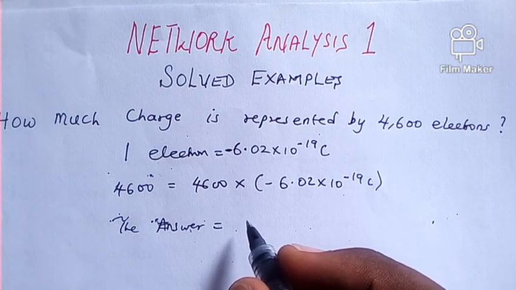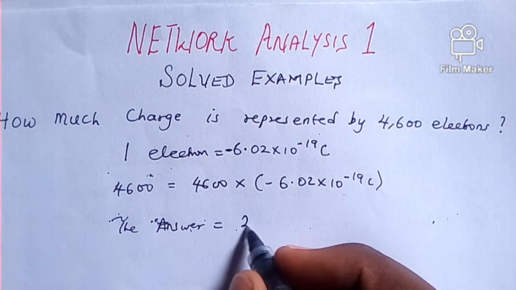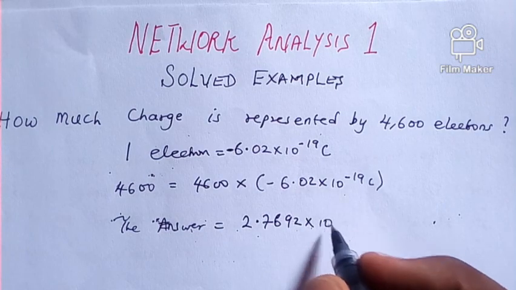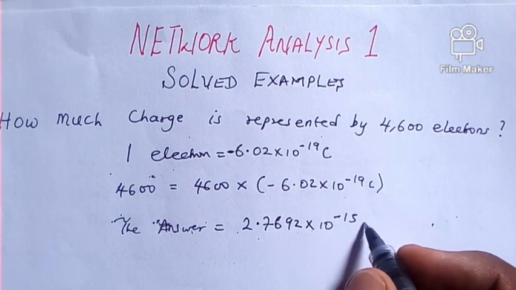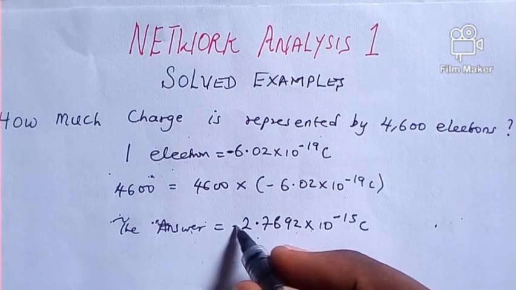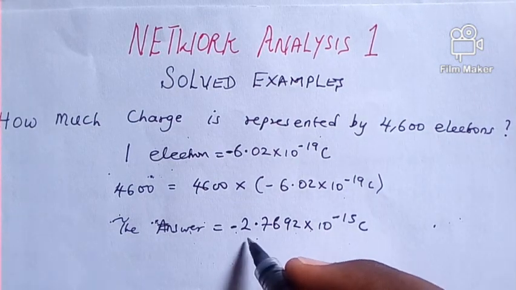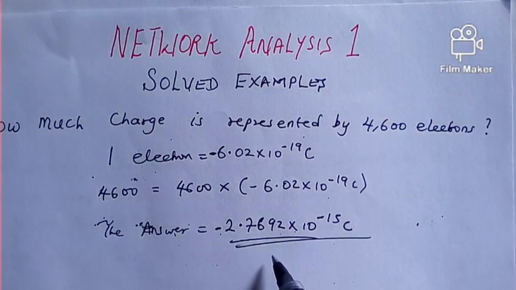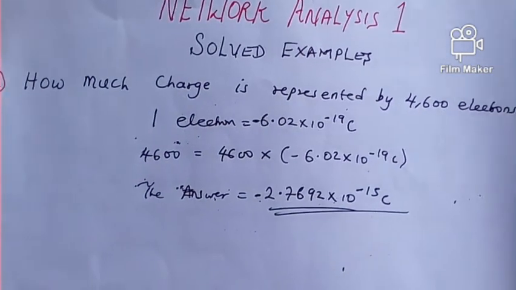If you punch that out on your calculator, you'll get 2.7692 times 10 raised to the power of minus 15 coulomb. And this is the charge, negatively charged, that 4,600 electrons are going to give you. So that is problem number one.